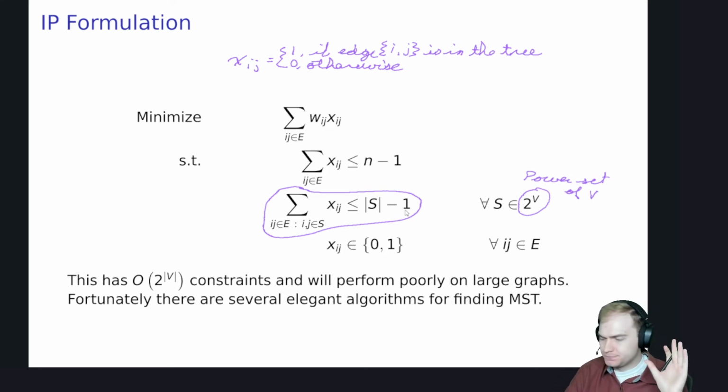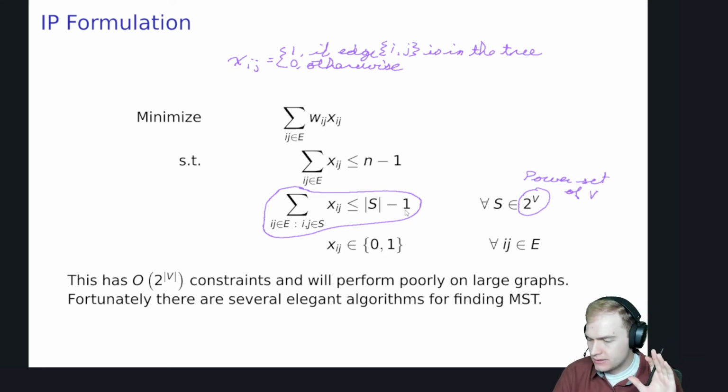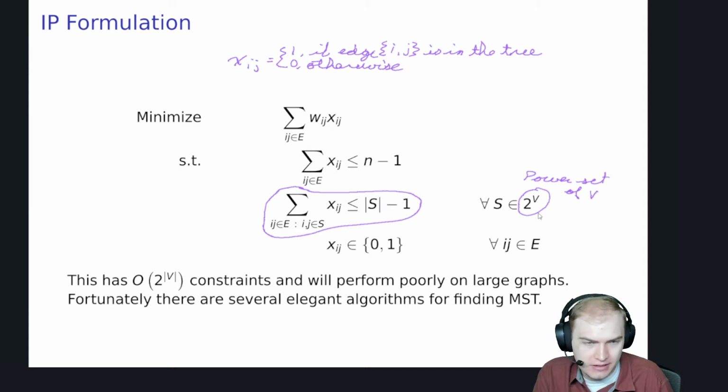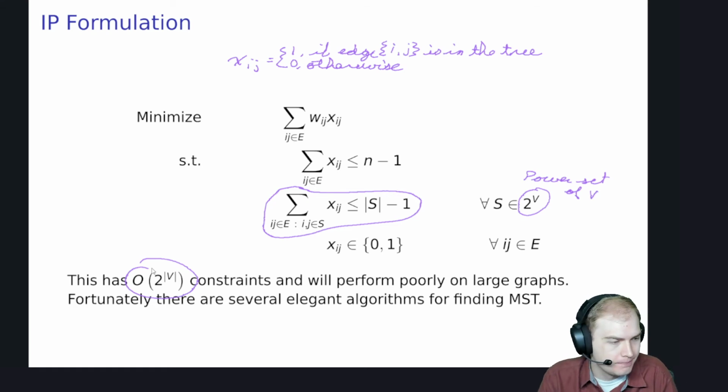This means that for every subset of vertices, our tree is still a tree on that subset. It may not be a spanning tree on that subset, but it is still a tree. And the problem with this formulation is that it has order 2 to the V constraints, which is again exponential, just like the shortest path problem was.